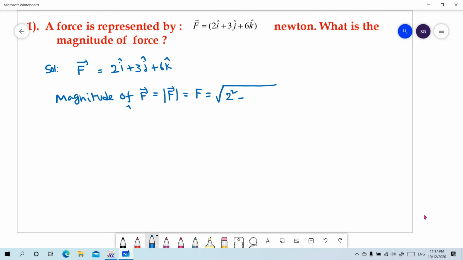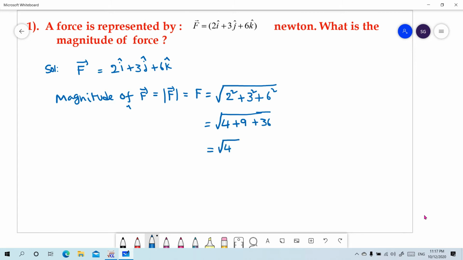So now the i cap coefficient is 2: root of 2 square plus 3 square plus 6 square, that equals square root of 4 plus 9 plus 36, the total 49.